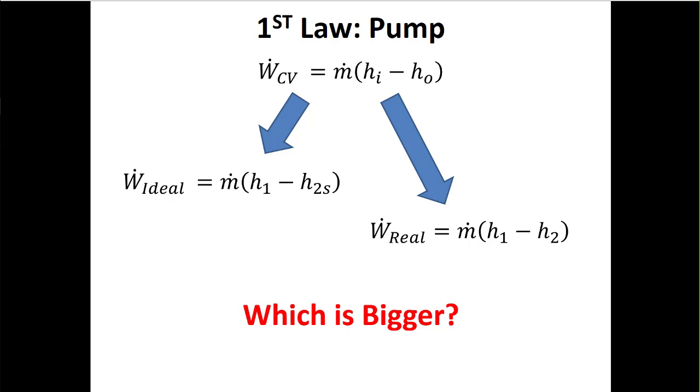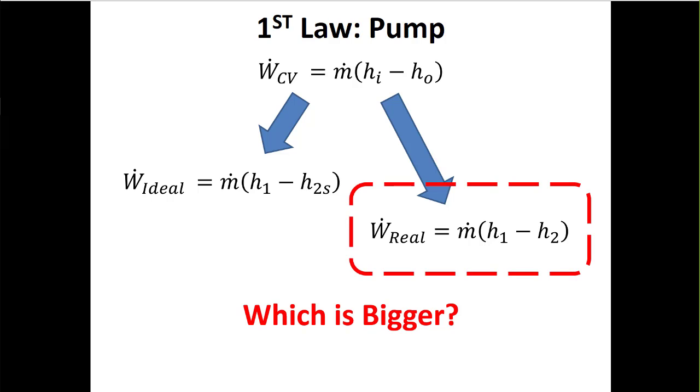In a power plant, we're using the power produced by the turbine, so the pump is actually being driven by the power created by the turbine. So this is a cost. Which one has the higher power requirement for a pump? It's not the ideal pump, it's the real pump.